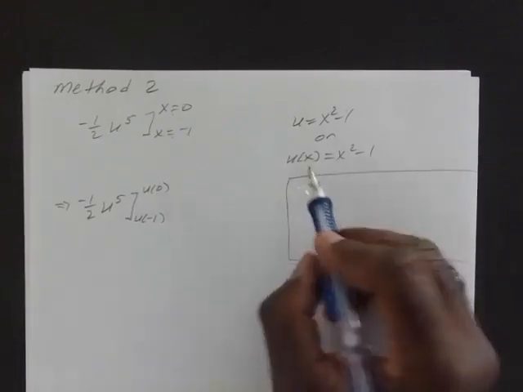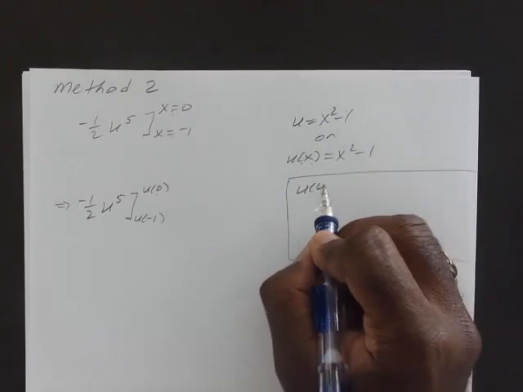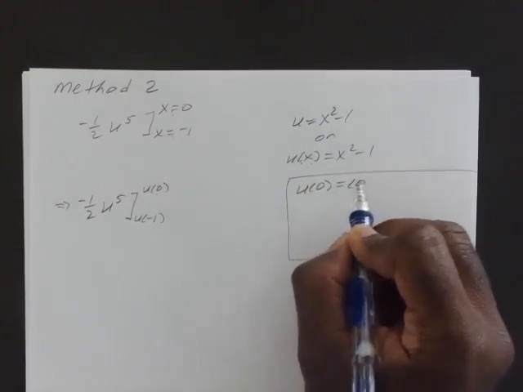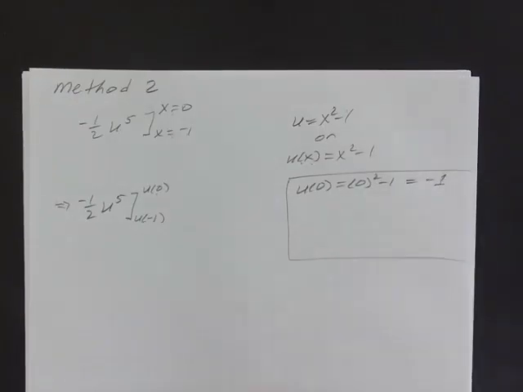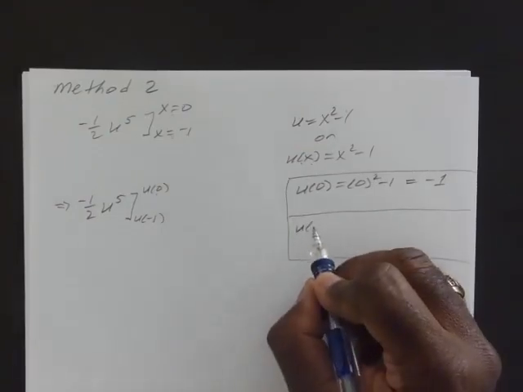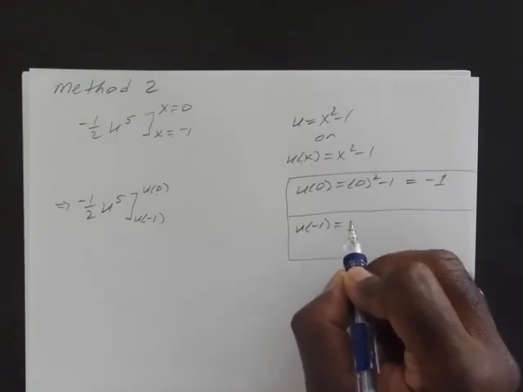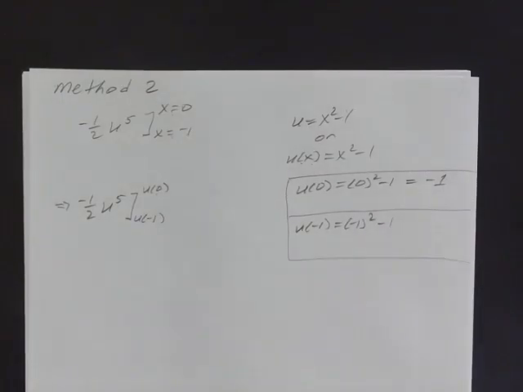Okay, so u of 0, since u of x is x squared minus 1, u of 0 is just 0 squared minus 1, which is -1. And u of -1 is equal to -1 squared minus 1, which gives us 0.